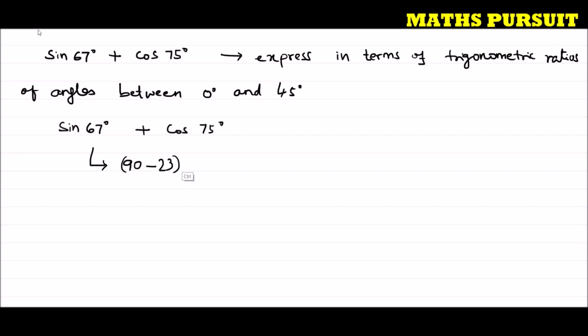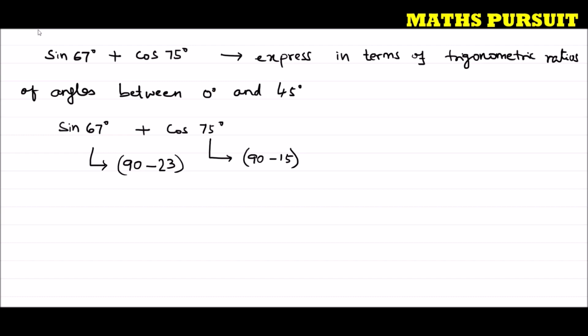Similarly, I can write 75 as 90 minus 15. Why am I comparing with 90? Because, as I told you, trigonometry revolves around the right angle triangle, which is 90 degree.